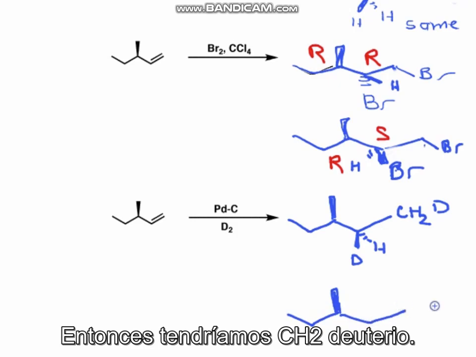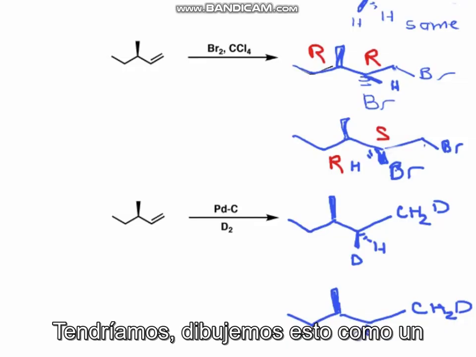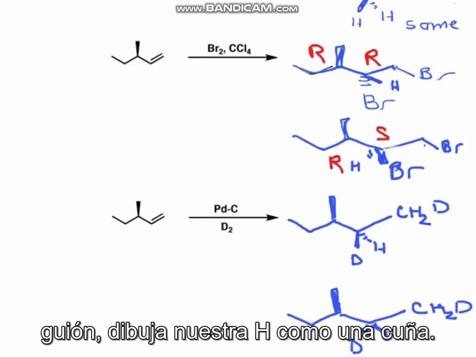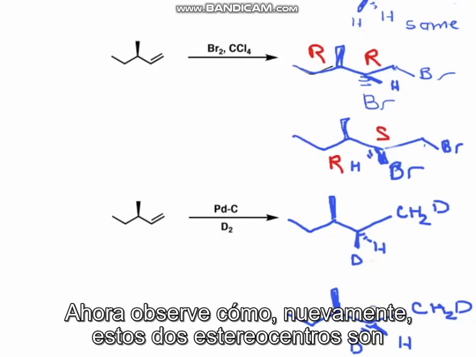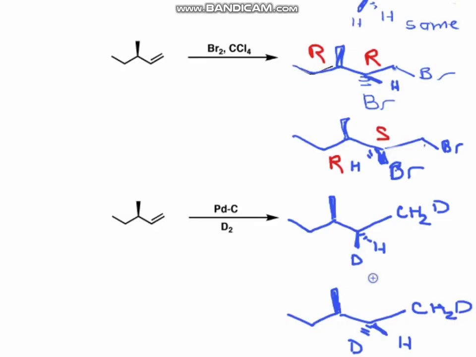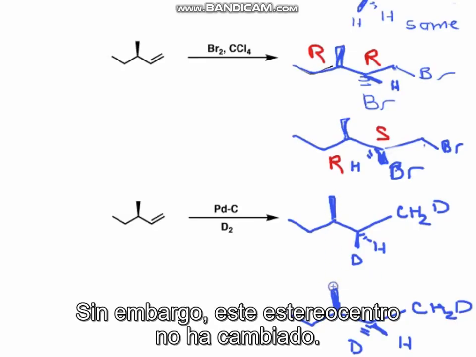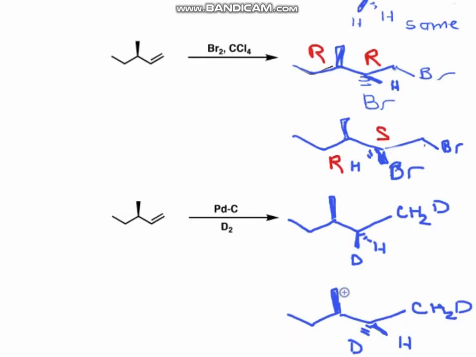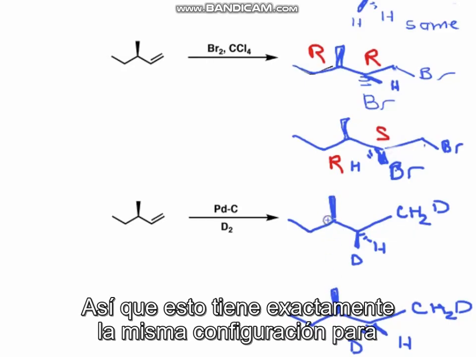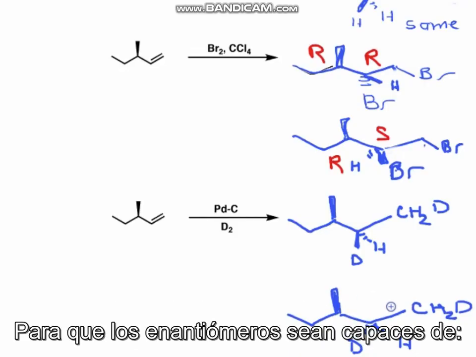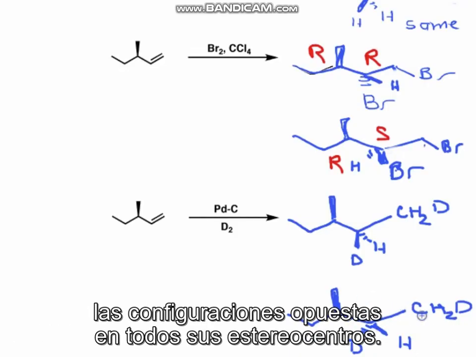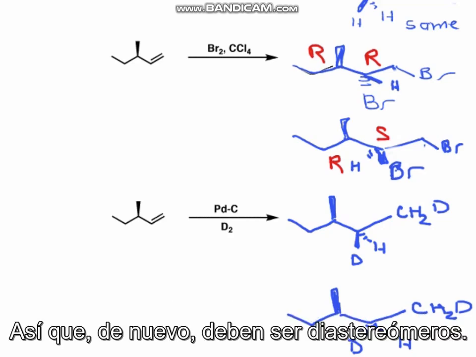So we would have CH2D, and let's draw this as a dash and draw our H as a wedge. Now notice how, again, these two stereocenters are opposites of each other. However, this other stereocenter has not changed. It has the exact same configuration in both cases. Therefore, they cannot be enantiomers of each other. For enantiomers, they have to have the opposite configurations at all their stereocenters. So again, these must be diastereomers.